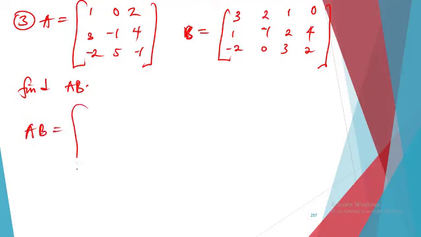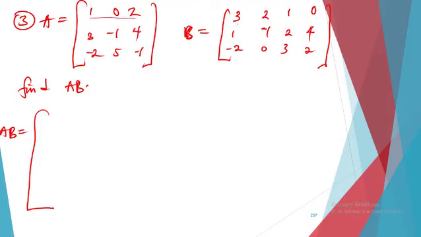AB is equal to, draw your bracket. Okay, so we multiply with this and we'll go this way. We have 1 times 3 plus 0 times 1 plus 2 times minus 2. We'll go over to the second.